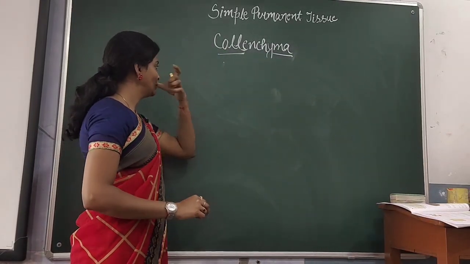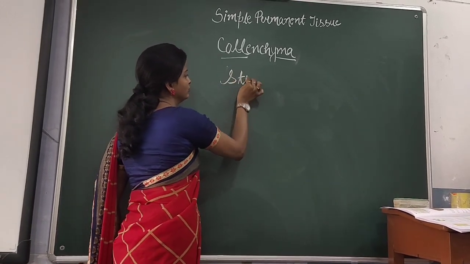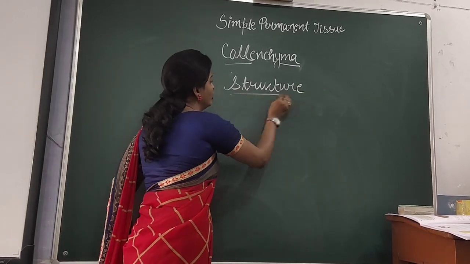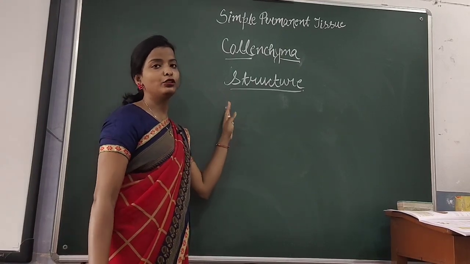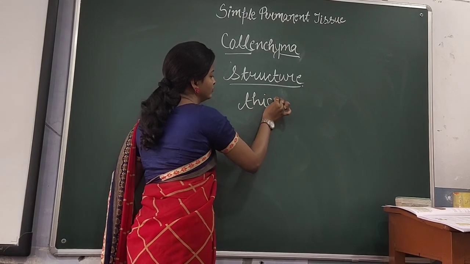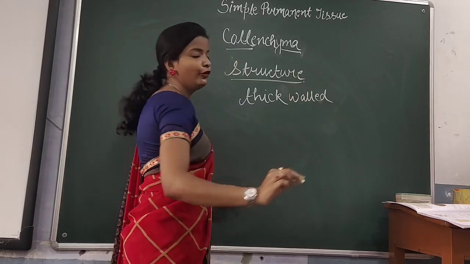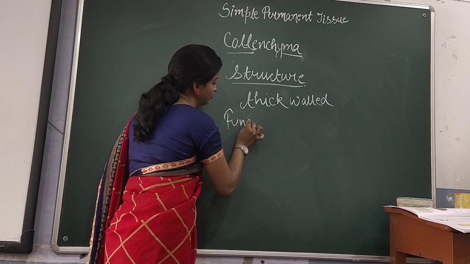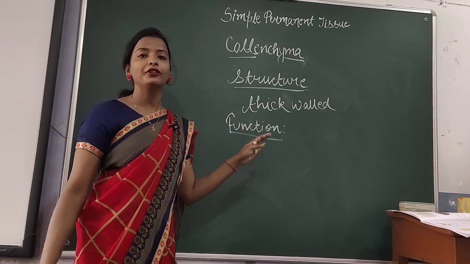Then when we will talk about the structure, the walls are thick in case of collenchyma. In case of parenchyma, the walls were thin. In case of collenchyma, it is thick walled. And if we will talk about the function of collenchyma, it provides elasticity to the plant.